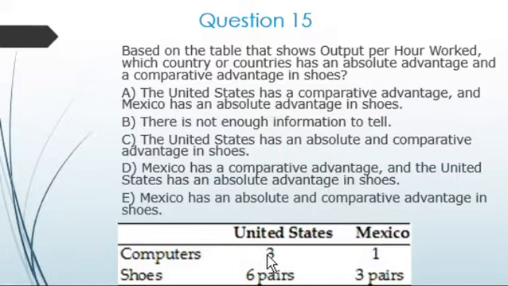In the United States, it costs 1/2 a computer to make a pair of shoes, but for Mexico, it only costs 1/3 of a computer to make a pair of shoes. And since 1/3 is less than 1/2, Mexico has a comparative advantage when it comes to making shoes, since they can make shoes for a cheaper amount of computers. So the answer would be D. Mexico has a comparative advantage, and the United States has an absolute advantage in shoes. And that's all.